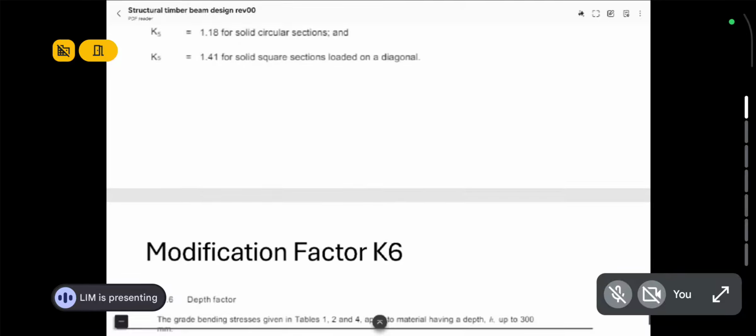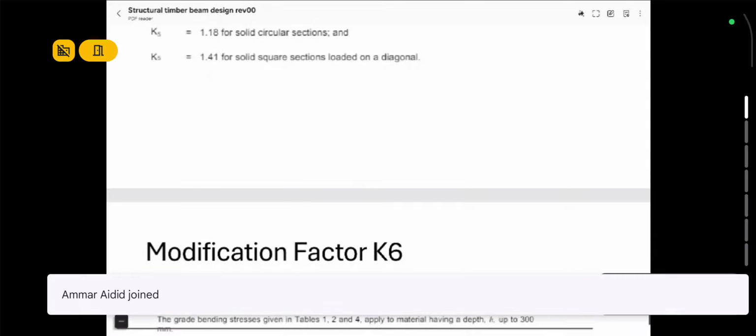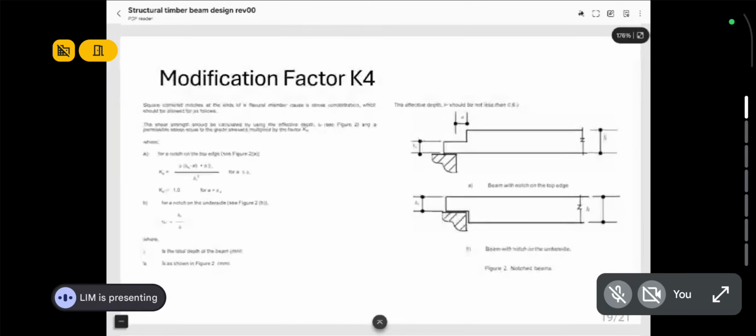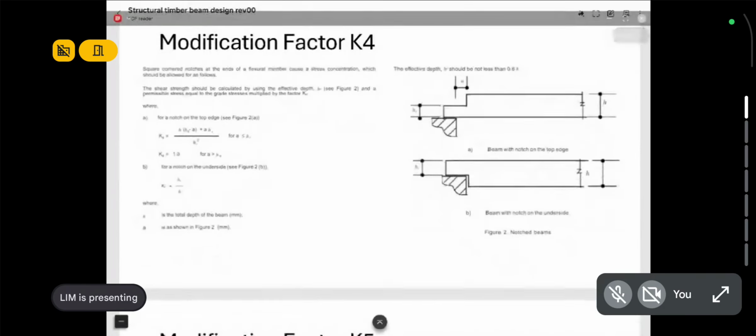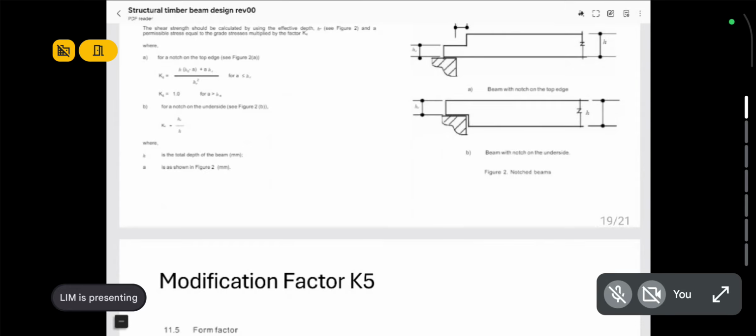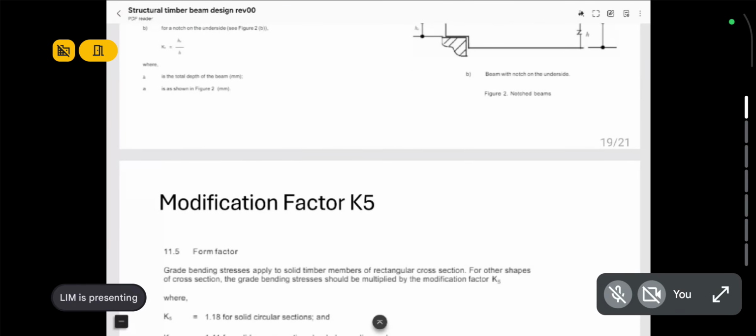Tomorrow we will probably go through one or two examples, and then that's it for timber design. Nice and simple. Any questions today? It's quite straightforward.